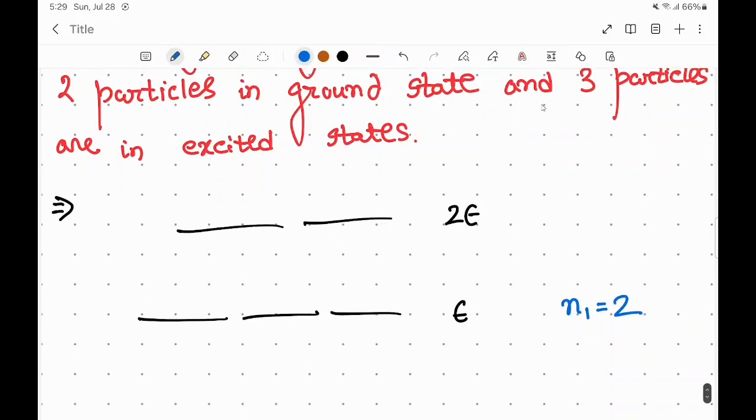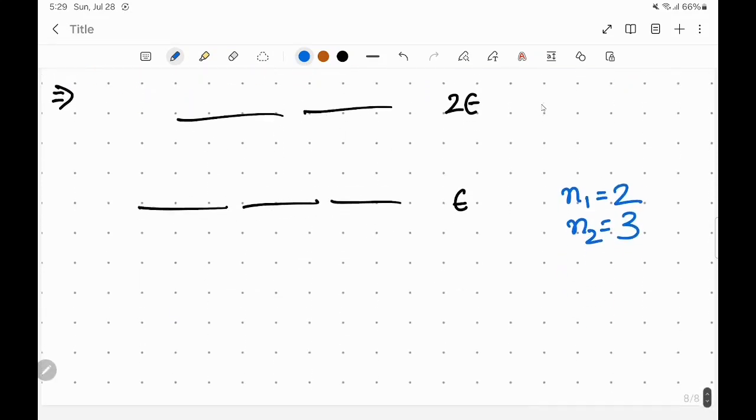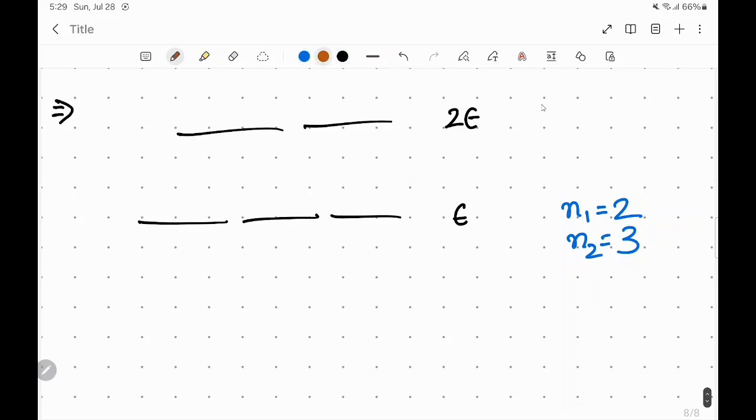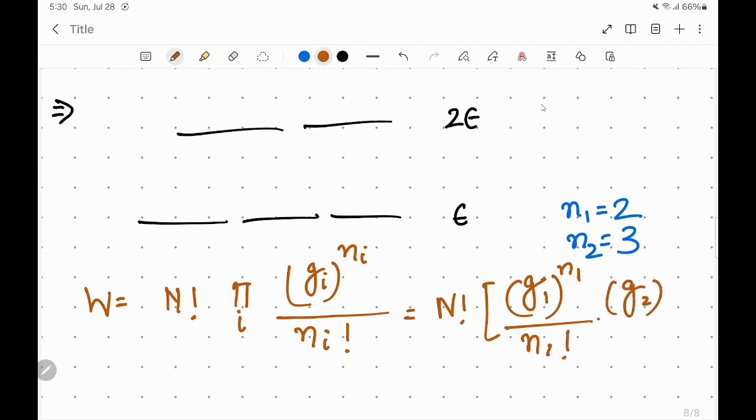So N1 is 2 and N2 is 3. Now put in the formula: W is N factorial times the product over i of Gi to the power Ni divided by Ni factorial. Opening the product, it will be G1 to the power N1 divided by N1 factorial into G2 to the power N2 divided by N2 factorial.